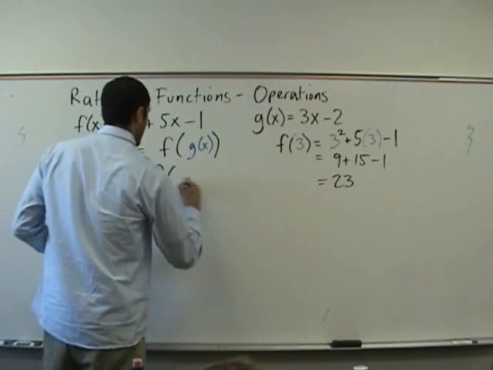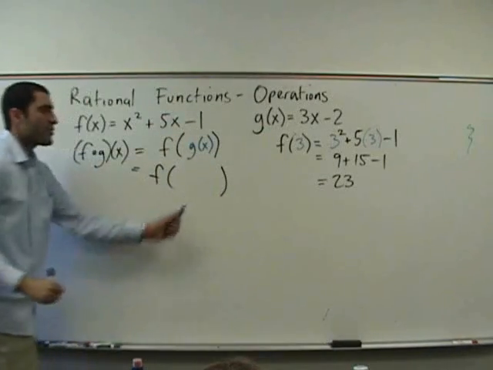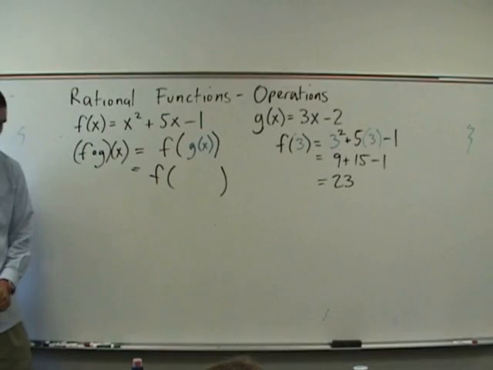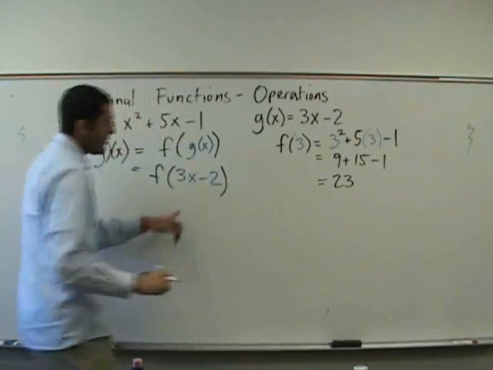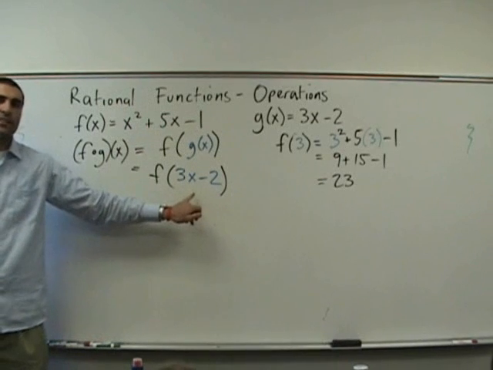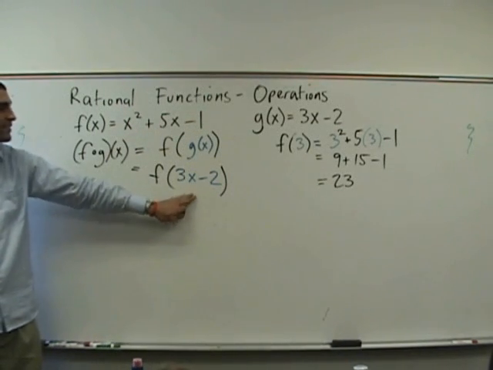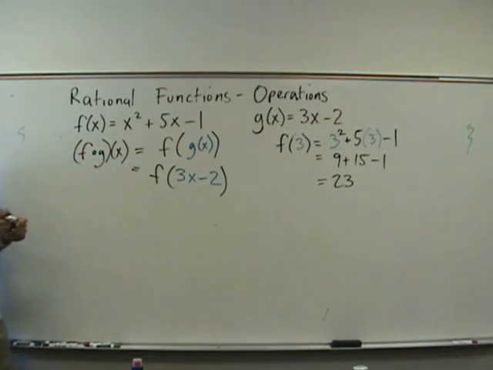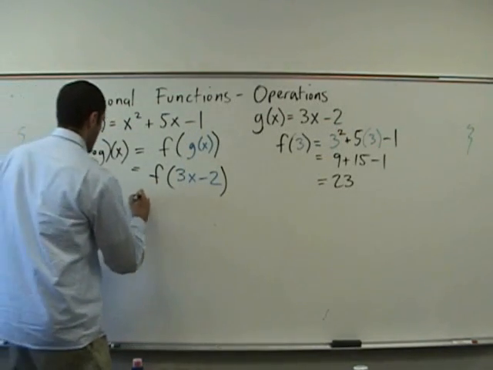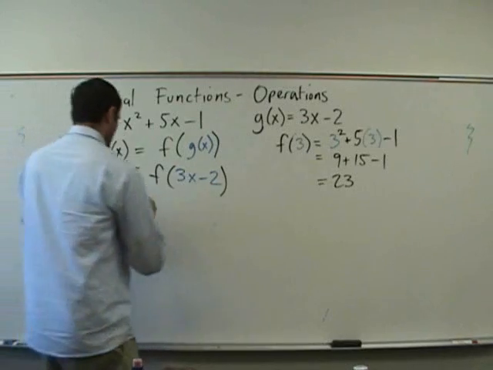What is g of x in this case? 3x minus 2, so I'm writing that in. This is the spot where x belongs. Instead of x, we're going to find it and in its place write 3x minus 2.